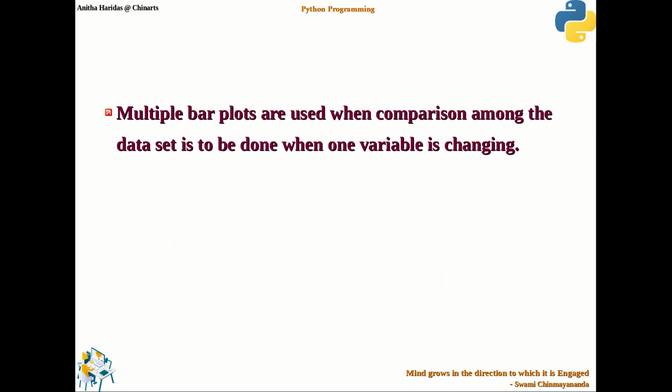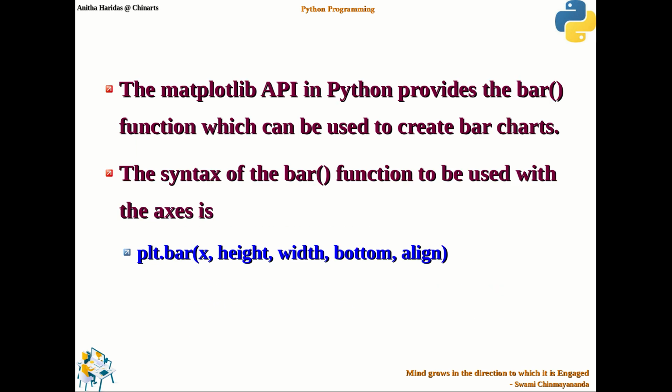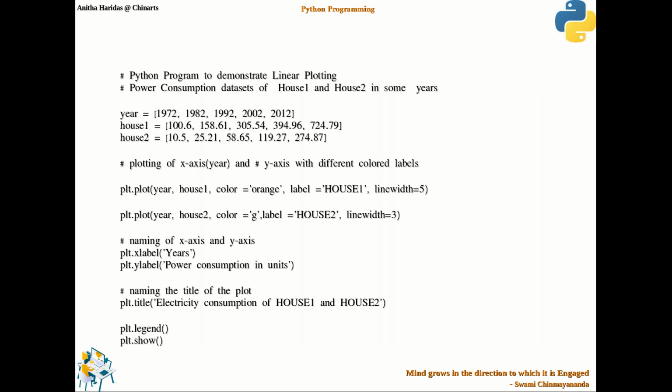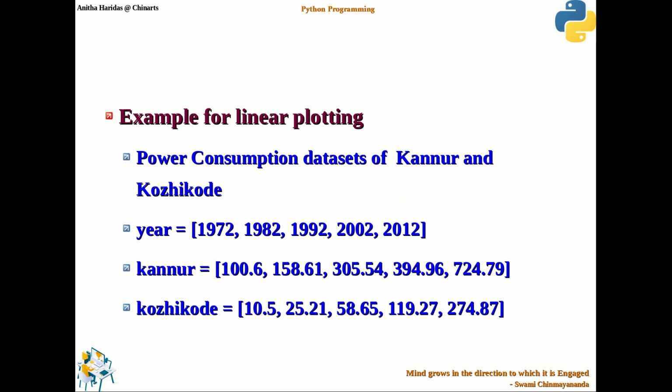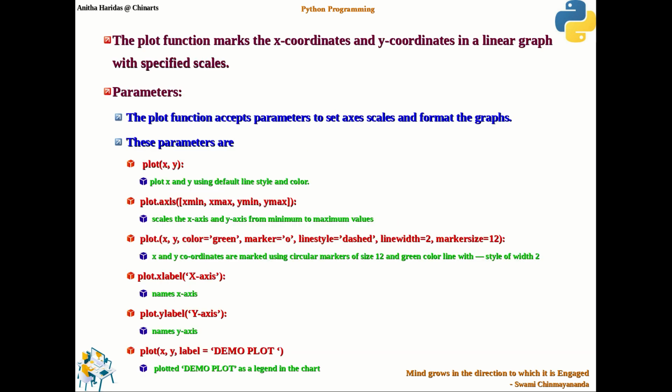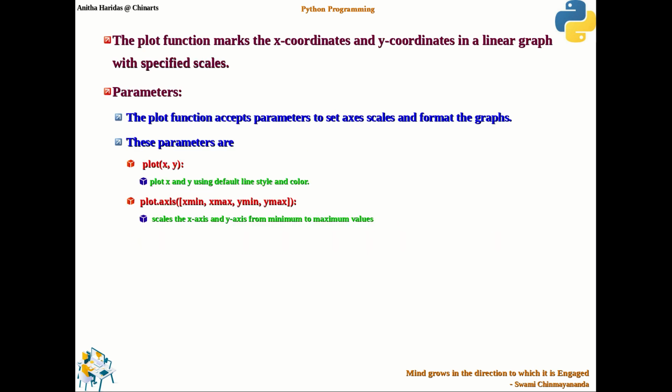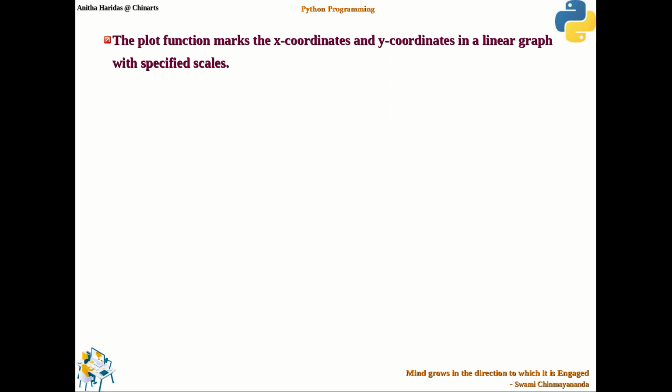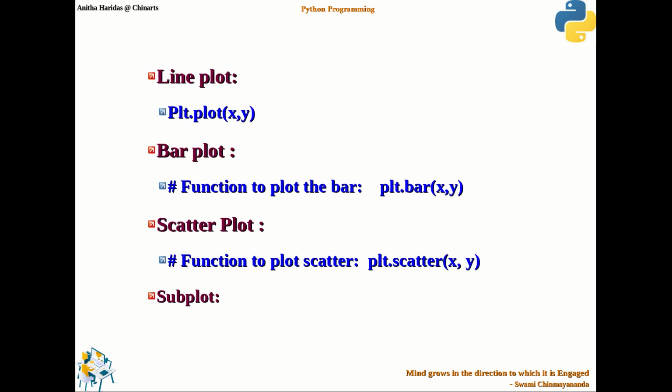We'll be discussing the histogram, then the subplots, in detail, how you can have two different graphs in a single graph. All those things we'll be discussing in the next upcoming session.